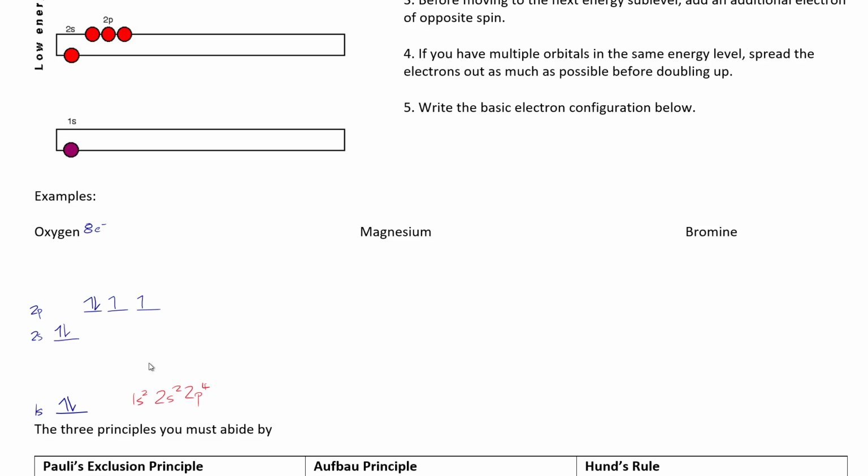And this is what we call the electron configuration for oxygen, because it shows the electrons existing in the different energy levels and in the different subshells or the orbitals.